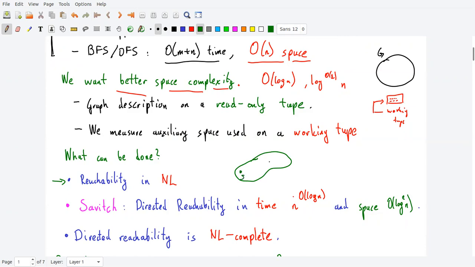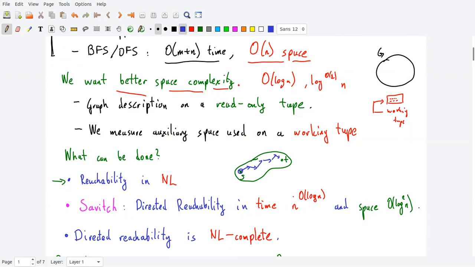Because if you want to find a path from S to T, and you are allowed to make some non-deterministic guesses, then you simply non-deterministically start with S, and non-deterministically follow some edges, guessing a path from S to T.